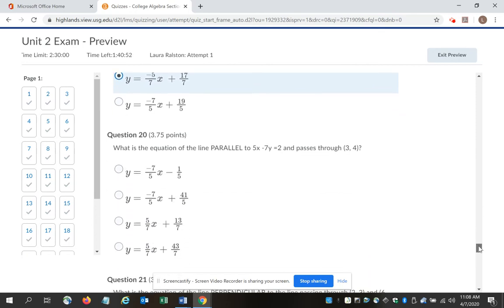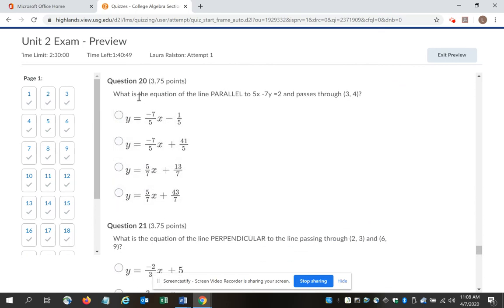All right, question 20 still asks you to write the equation of a line, but I even put it in caps, hoping you wouldn't miss it. But you want it to be parallel to the given line, which is 5x minus 7y equals 2. And you're going to write the equation so that it passes through the point 3, 4.